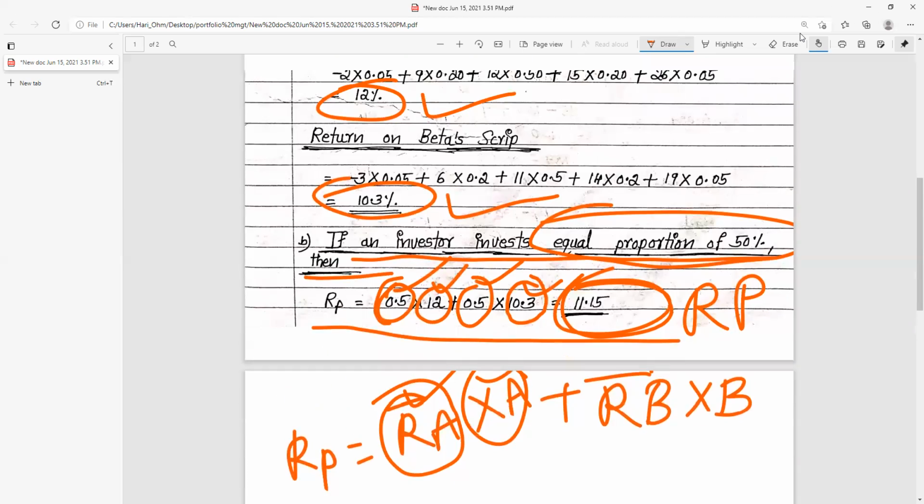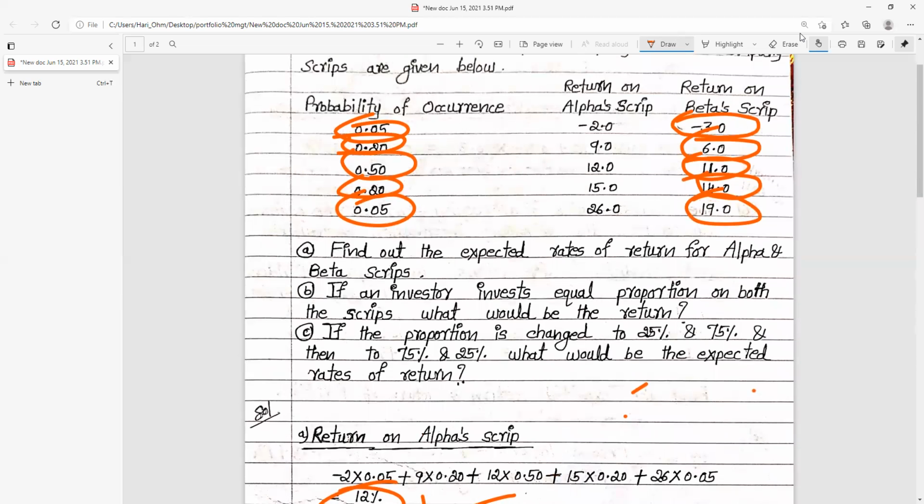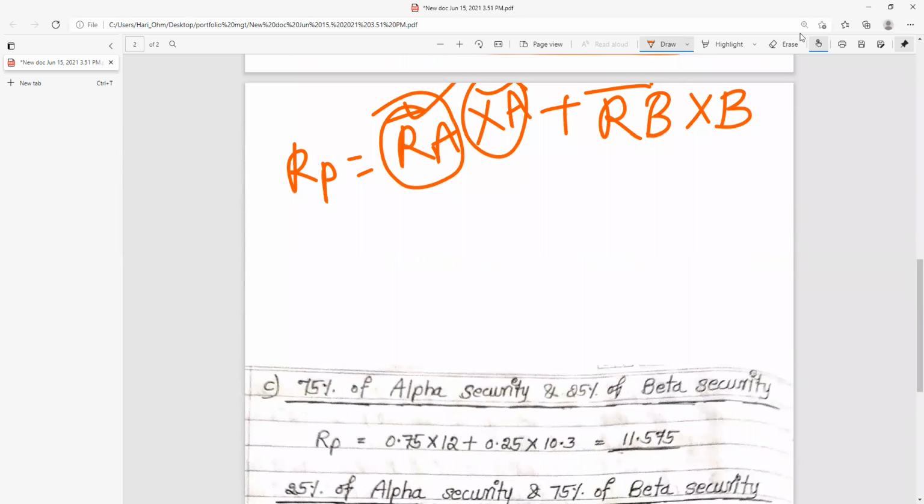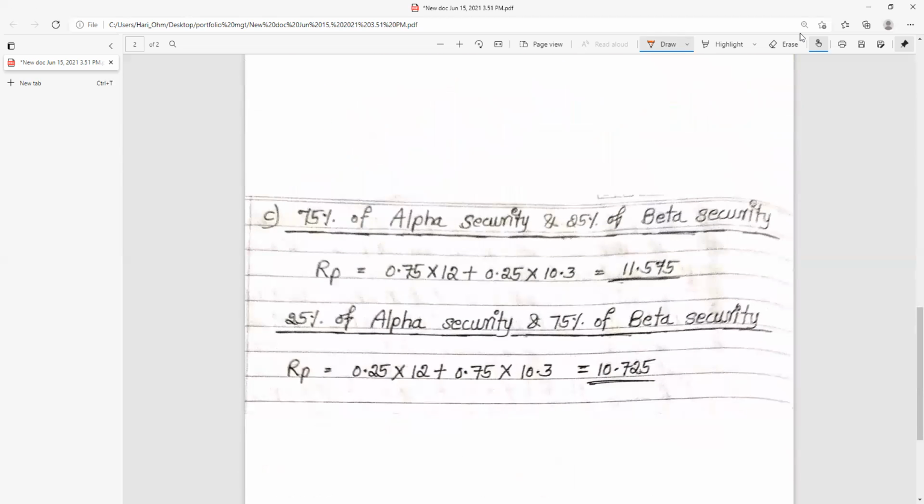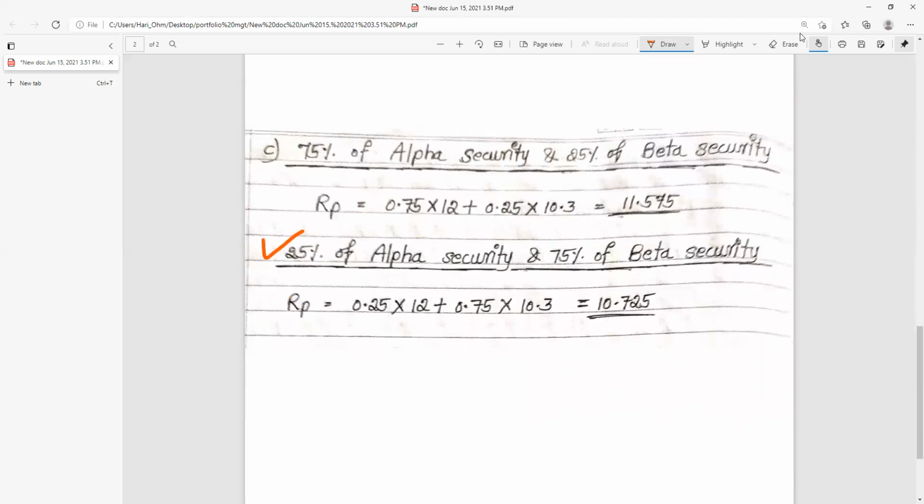Next, third question. If the proportion is changed to 25% and 75%, the formula is same here. First you need to calculate this one. 25% alpha security and 75% beta security. 25% of alpha in the sense 0.25 and 0.75.